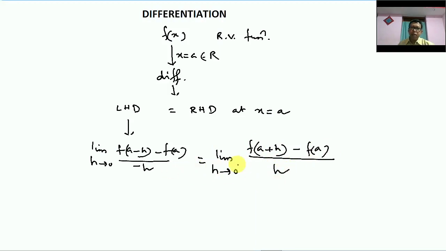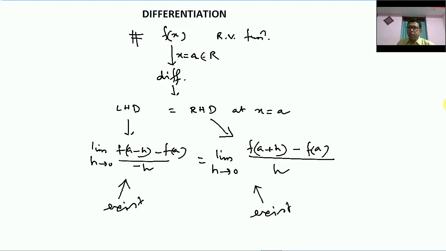If these two are equal, not only equal, they should exist. If you find that these two limits exist and they are equal, then you can say that the given function f of x is differentiable at the given point x is equal to a.